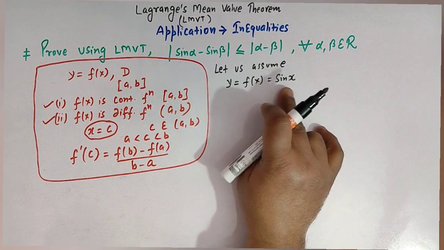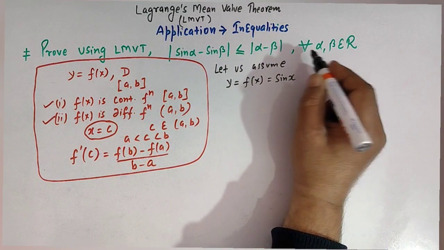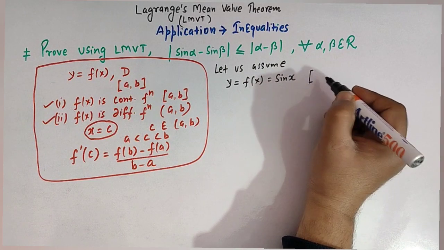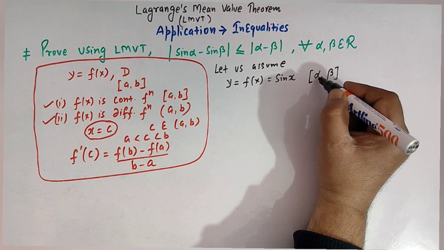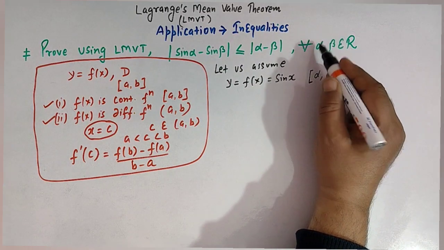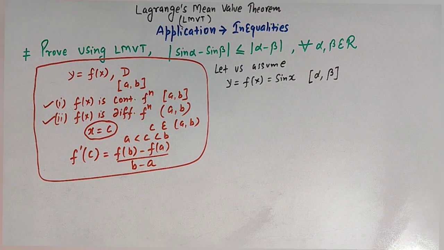So here we'll take the function as sine x, and here we can take the interval, say alpha comma beta, right? Where alpha and beta are both real numbers, or they both belong to the set of real numbers, right?